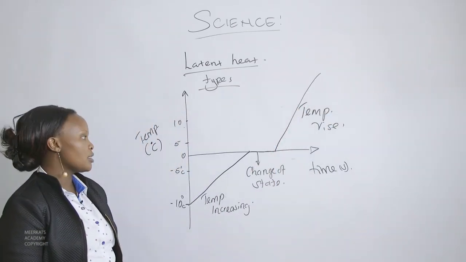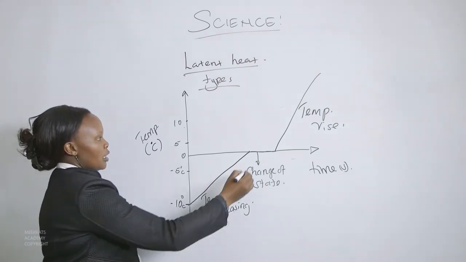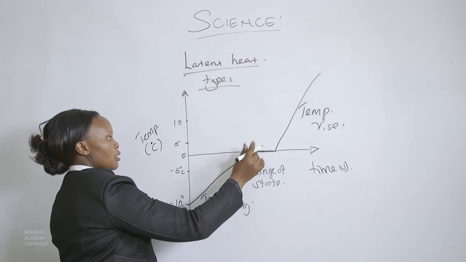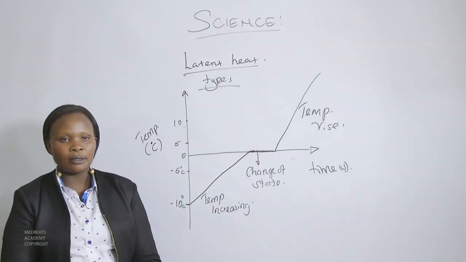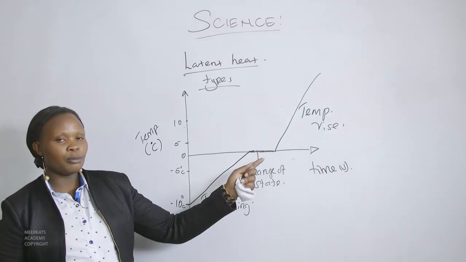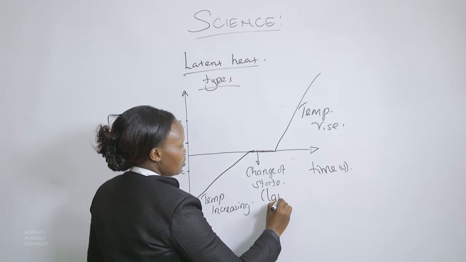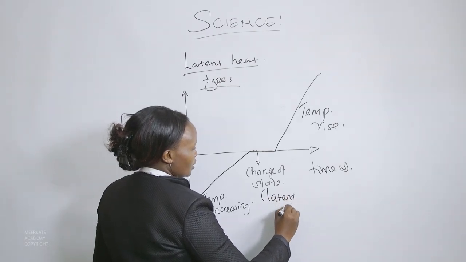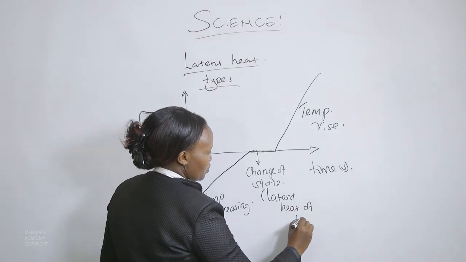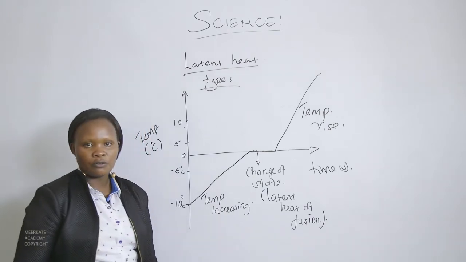That means to achieve the change of state here, we are supplying energy, but we have no change in temperature. The type of energy that is absorbed at that point is what we call latent heat of fusion.